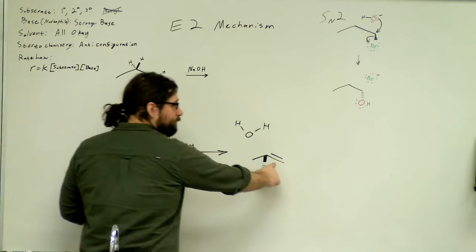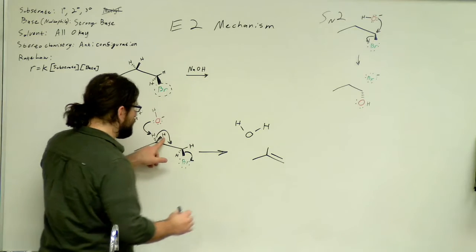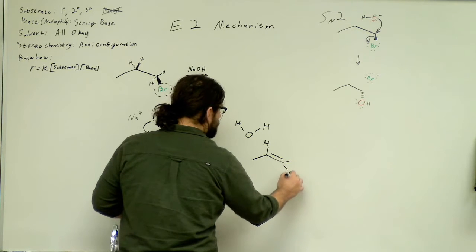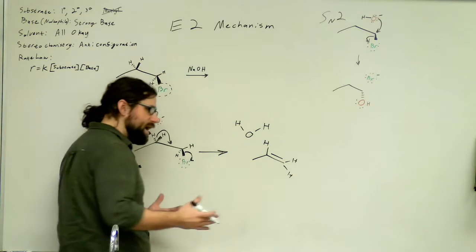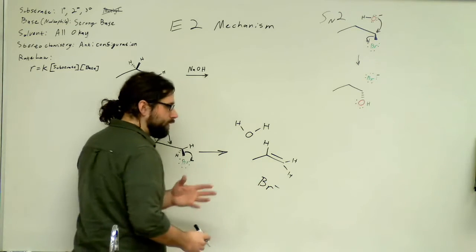We get a double bond between these 2 carbons with this hydrogen left over and these 2 hydrogens left over, and we get a bromine floating around in solution.